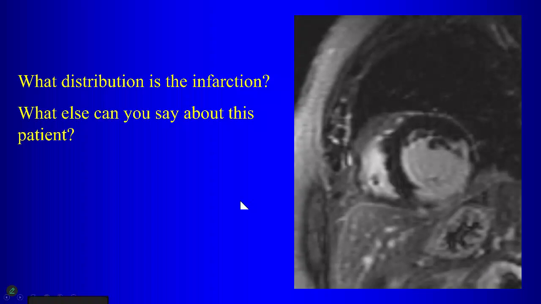Is there a way you can make it one distribution? They're left dominant. Yeah, it's a patient who has left coronary artery dominance. So in a patient with left coronary artery dominance who has an infarct in that territory, that would involve the lateral wall and also the posterior wall of the ventricle. So this is a patient who's left coronary artery dominant, okay?